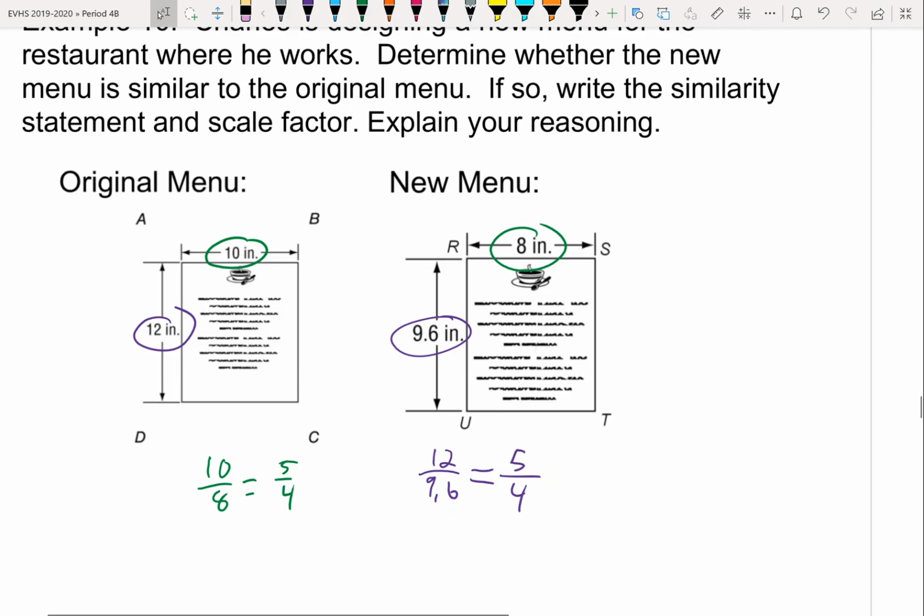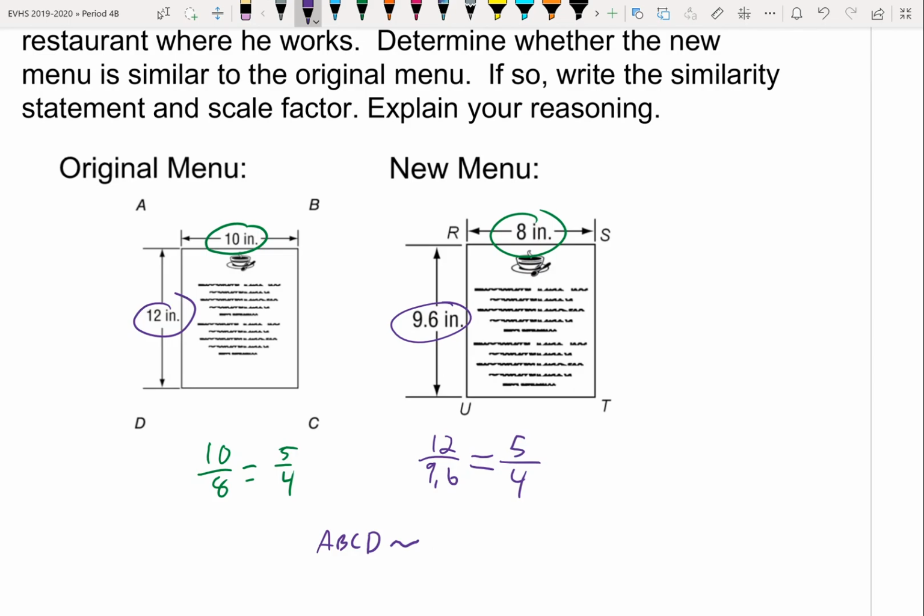We got equal angles because they're all right angles. We got same scale factor. So yes, write the similarity statement. So that means ABCD is similar to RSTU. Be careful with order there. And the scale factor is 5 over 4.